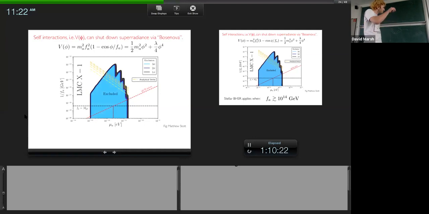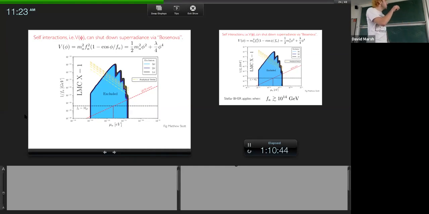As the decay constant goes to infinity, 1 over the decay constant goes to 0. As I lower the decay constant, increase 1 over the decay constant, at some point the bosenova takes over and the exclusion goes away. So here Matt's plotted the 1, 2, and 3 sigma exclusions for different values of the decay constant. Now you can really say, does this exclude the QCD axion?